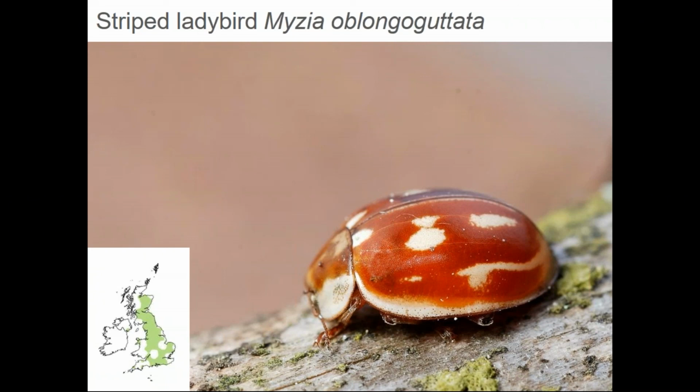So it's similar size to a large harlequin ladybird or an eyed ladybird, and is very brown and very standard in its appearance. It always looks pretty much similar to this. Sometimes the pronotum marking is rather darker in colour, but these stripy pale markings rather than clear spots. So that's the striped ladybird.